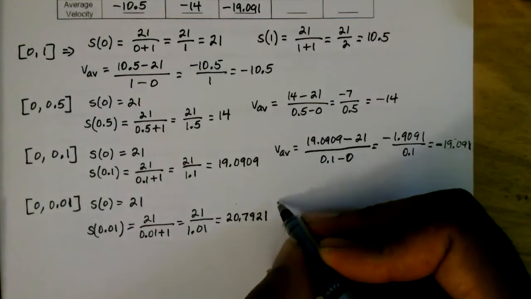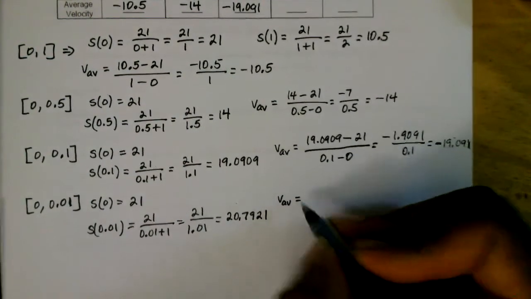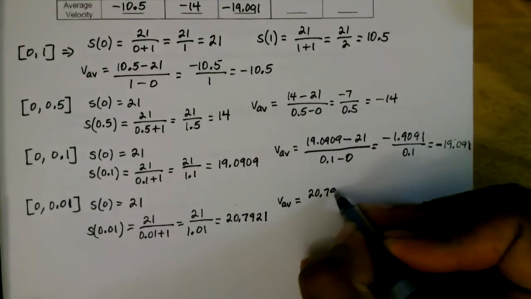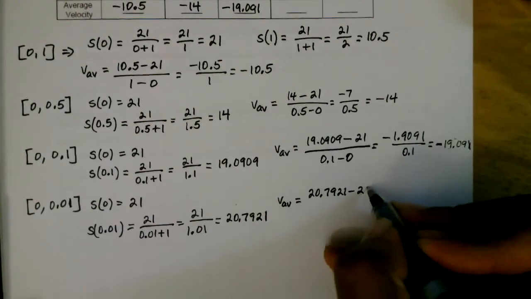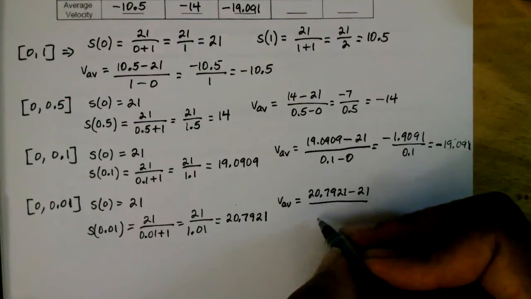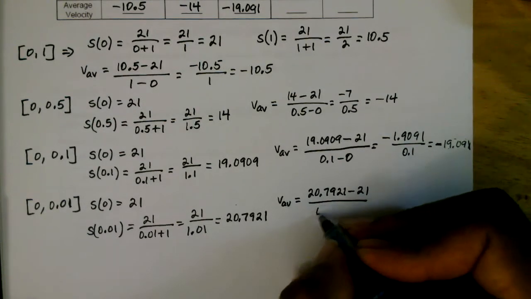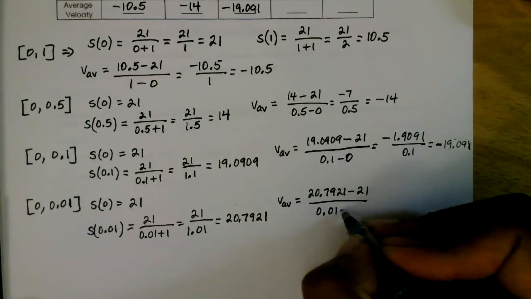Now for the average velocity, this will be that 20.7921 minus 21, all divided by 0.01 minus 0.